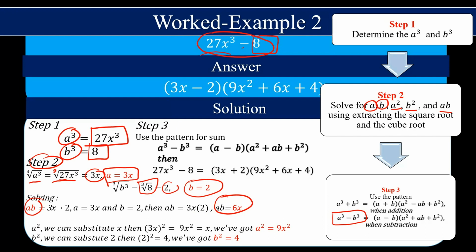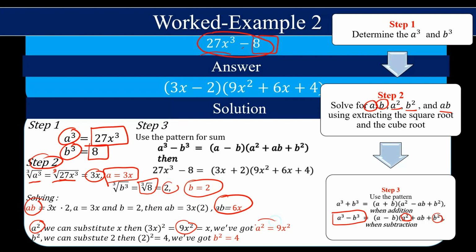Okay? Given that a is 3x and b is 2, we now square a to get the next term of the pattern, the first term of the trinomial. So 3x squared is 3 times 3, 9, and x times x, x squared.